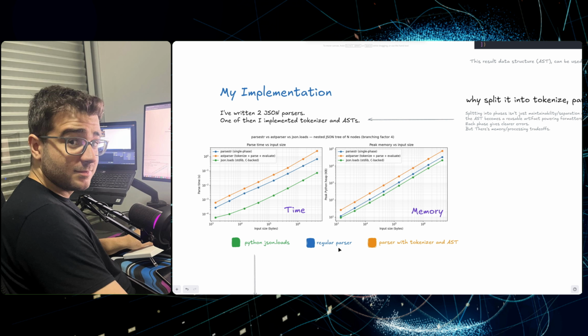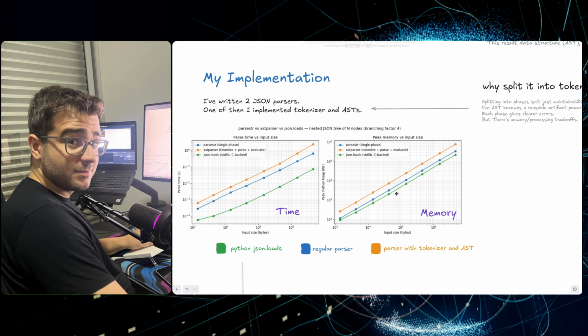And right here, we have a benchmark. This benchmark is for my implementations. I did two implementations: one with a regular parser, basically doing everything directly, similar to the logic that we checked together at the beginning of the video, and then another one implementing the tokenizer and the AST.